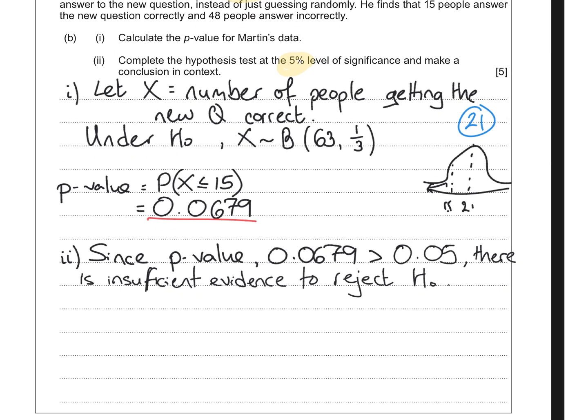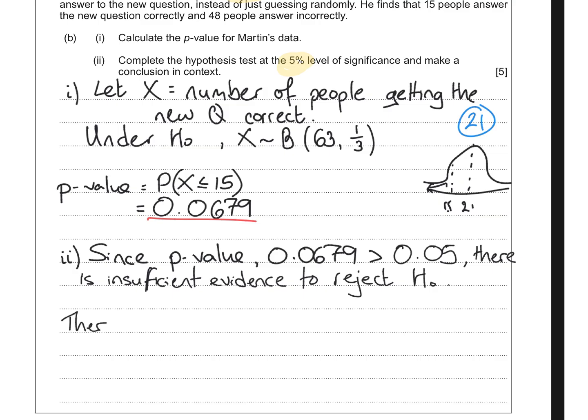But if we think about the context of the question, Martin is saying that people are better off guessing than trying to work it out. Our hypothesis test does not show that that is true. And so that's what I'm going to write here.